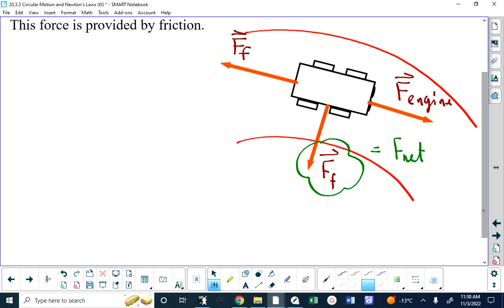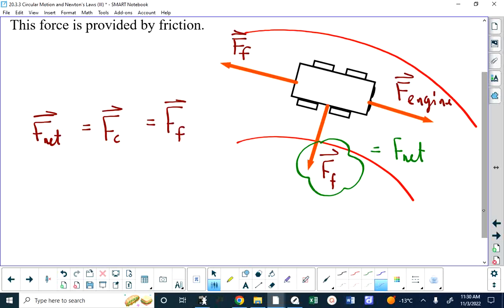Now think about this for a second. Net force is centripetal force. Are you with me? So what I'm saying is, in this case of a car moving around a curve, the net force is equal to the centripetal force, which is equal to the force of friction. Are these three different forces?